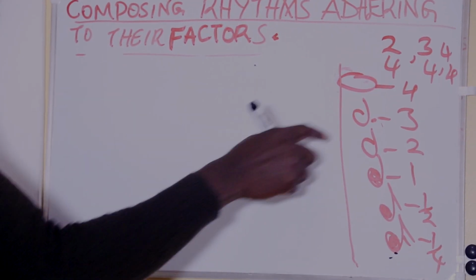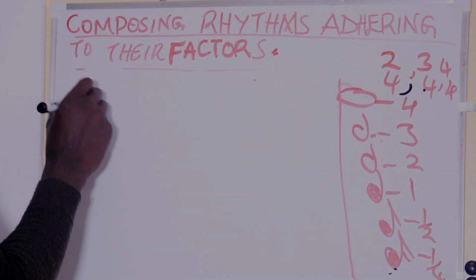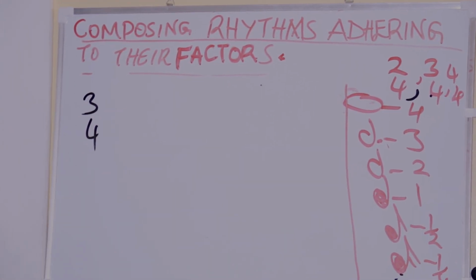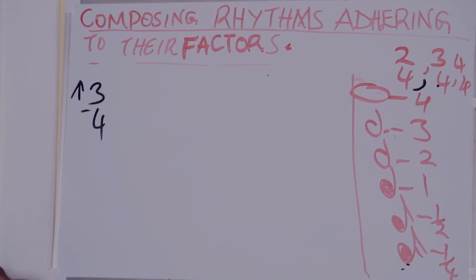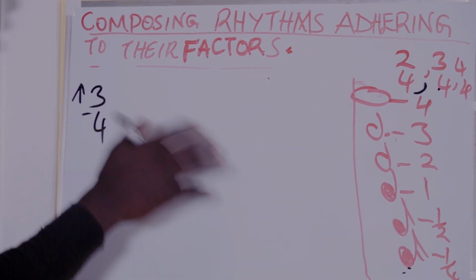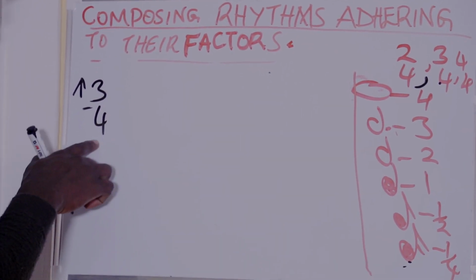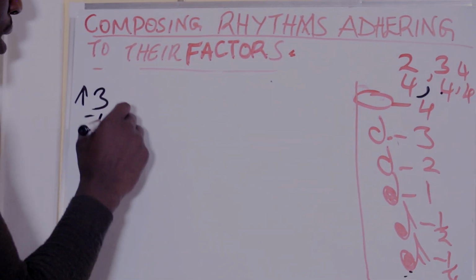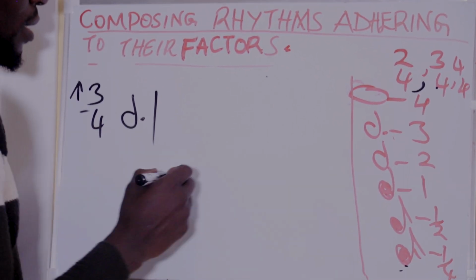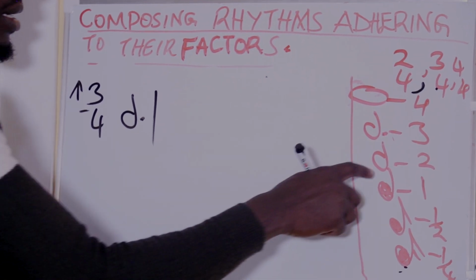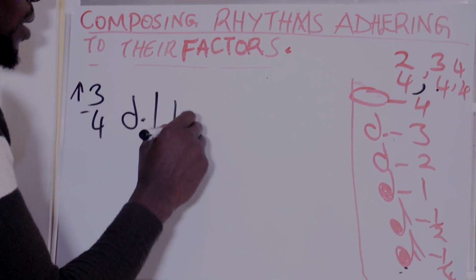The next time signature, we are going to have 3/4 time signature. You know what happens with 3/4 time signature? The number you consider is the upper number. So 3 means 3 beats per bar. The highest beat in that bar will be 3, and this is the main beat. So let's have the main beat, which is the highest beat, which is 3. Then, mathematics: let me take 2 plus 1, you get 3.